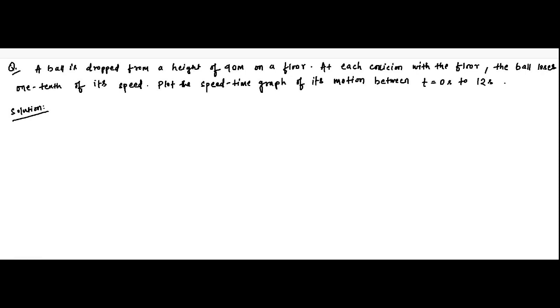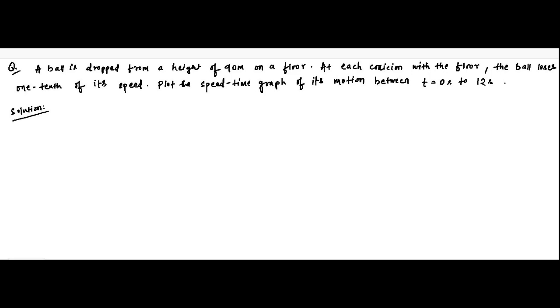So here is another question on graphical analysis of one-dimensional motion. It is given that a ball is dropped from a height of 90 meters on a floor. At each collision with the floor, the ball loses 1/10 of its speed.